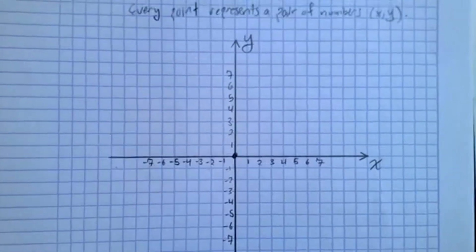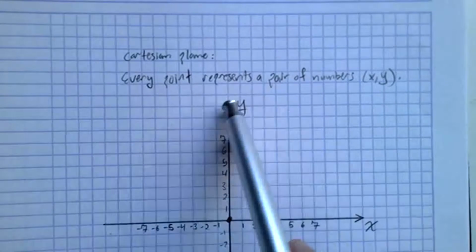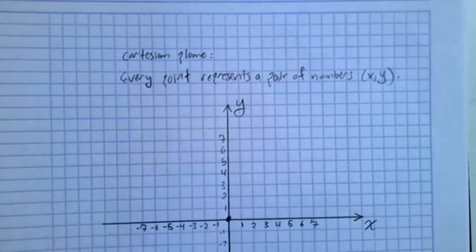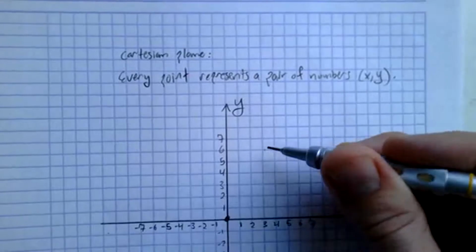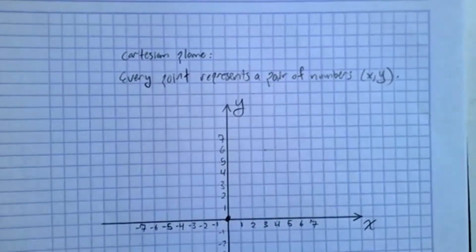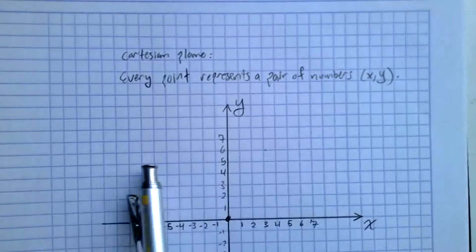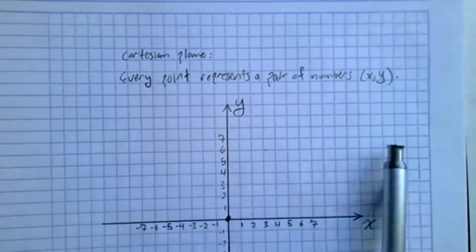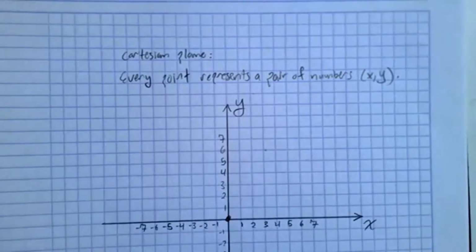First of all, we call this whole thing the Cartesian plane, and every point on this plane, meaning a location in that 2D space, represents a pair of numbers. Now, horizontally, we have the x-axis, and vertically, we have the y-axis.